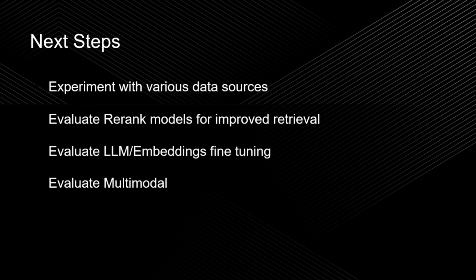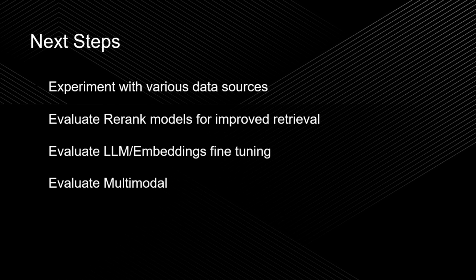We want to take a look at experimenting with various data sources. Your data is your crown jewel, and we want to bring the models to the data and not the other way around. So let's make sure we can experiment with various types of data and make sure that the LLM responds and delivers a quality response.